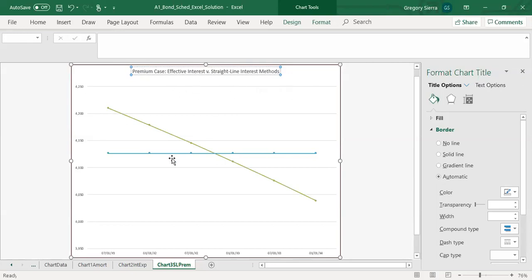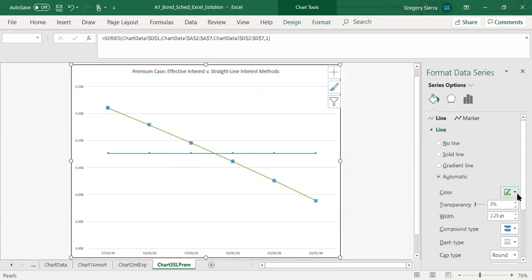All right, now, boy, that is just a god-awful color. I'm just going to change it. And I'm going to up it. Well, let me pick a dash type here. The dash is kind of small, so maybe take this one up to 3.